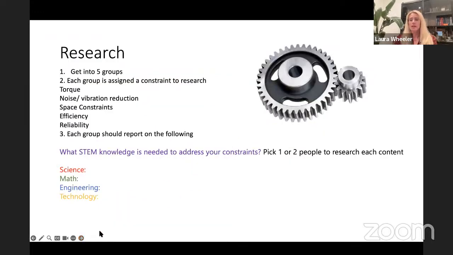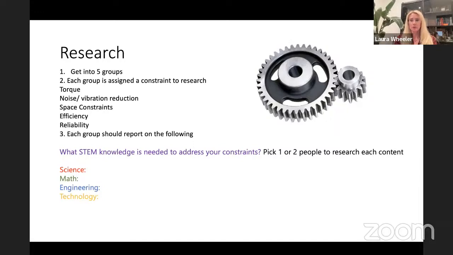So now you guys are going to have the opportunity to conduct research that addresses each issue. You will get into some groups and you will work together to address these possible problems with gears. One will be torque. So one group will consider what designs already exist that decrease torque.